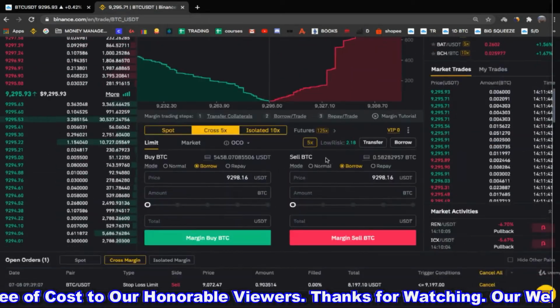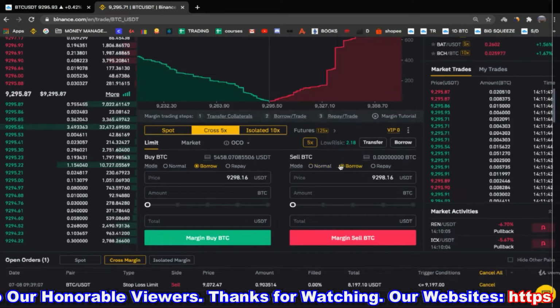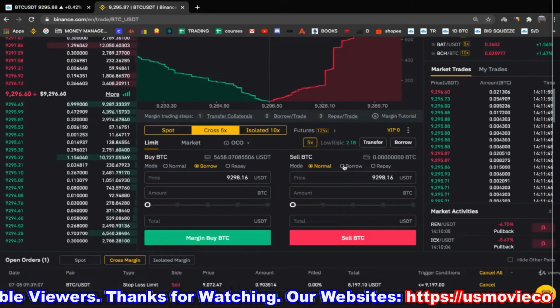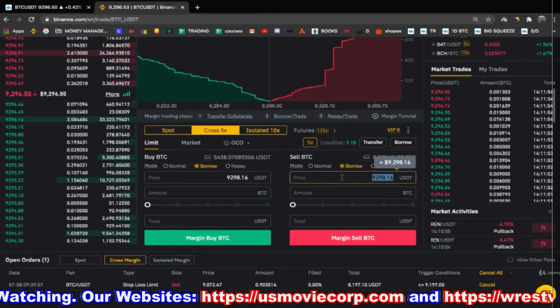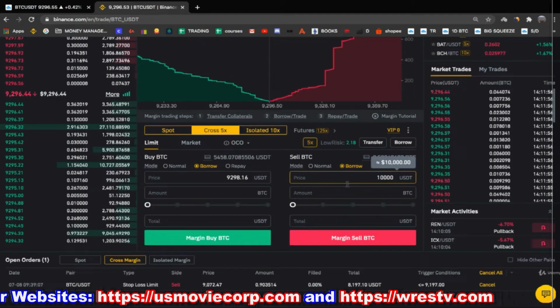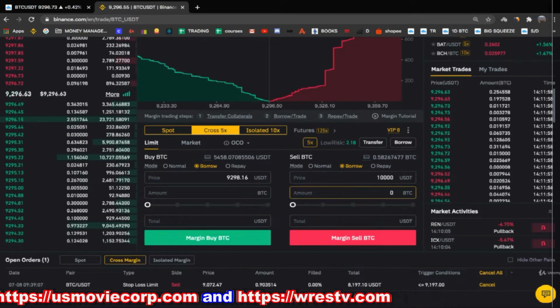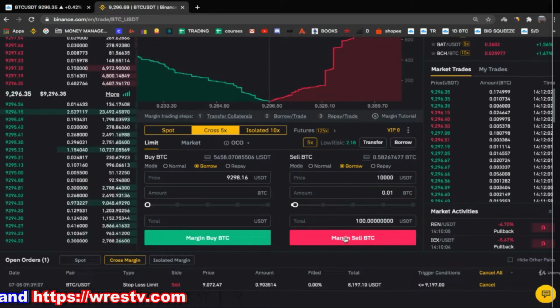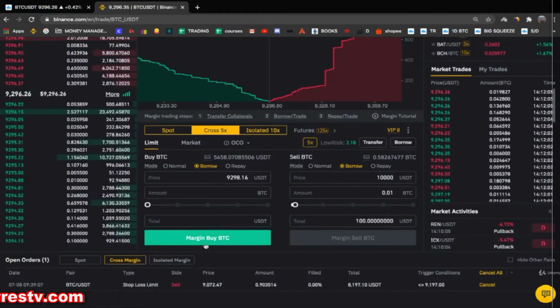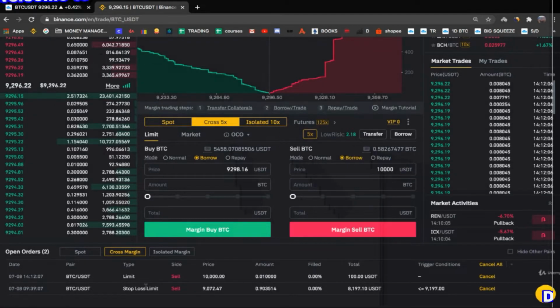So for example, if you want to go short Bitcoin, I cannot show you a regular one because I don't have Bitcoin, but let's say that you want to short Bitcoin at a price of $10,000. Put the amount that you want to short and simply set this order, right? And now this order will be executed. You will see it now down here.